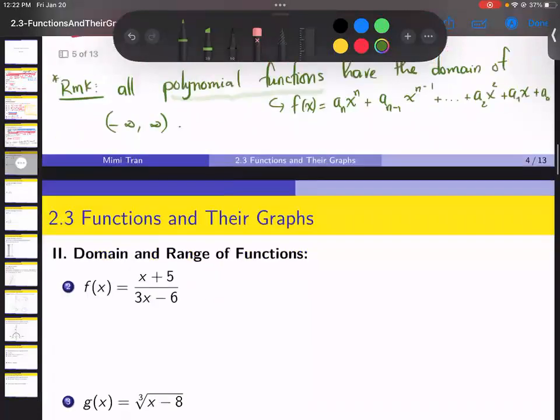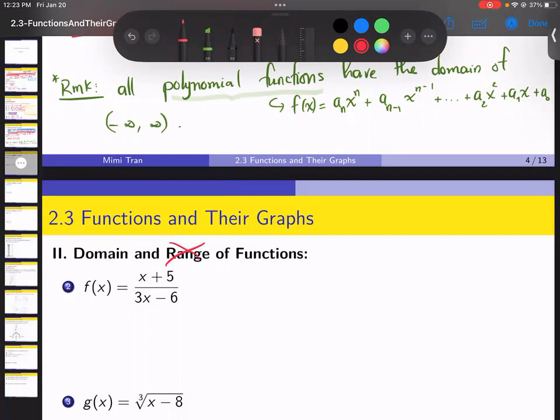What about number 2? What is the domain of number 2? What kind of function do I have now? Yeah, rational, right? Rational. Well, I don't think you need to know any rule about rational functions. Intuitively, what can you tell me from what you know about fractions?